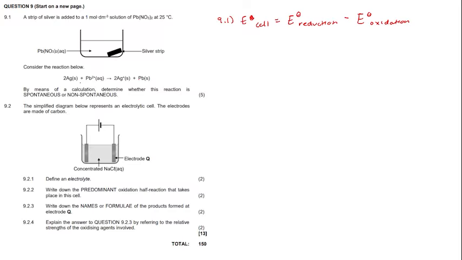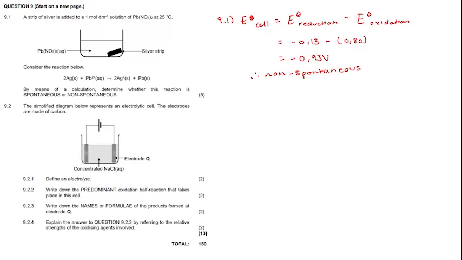Therefore, we can look at our reduction table and get the voltage values for these two half-cell reactions, and we get our reduction voltage to be negative 0.13, and we minus our oxidation voltage, which ends up being 0.80. And when we calculate all of this, we get negative 0.93 volts. Therefore, our reaction is non-spontaneous as we have a negative EMF.